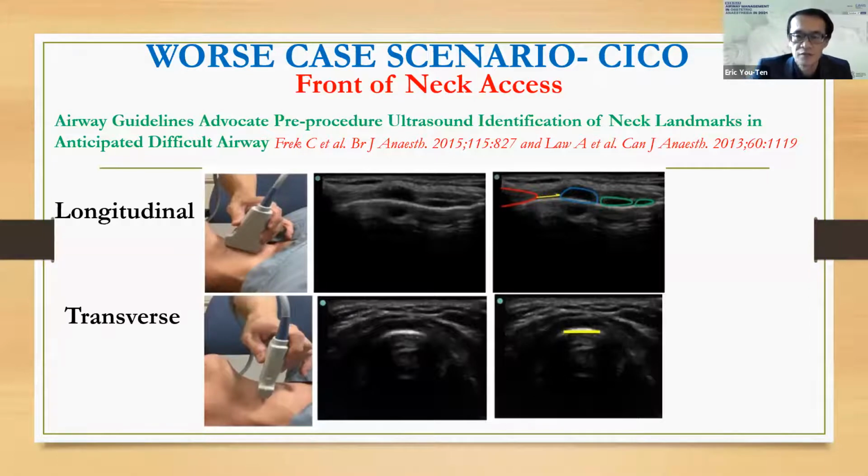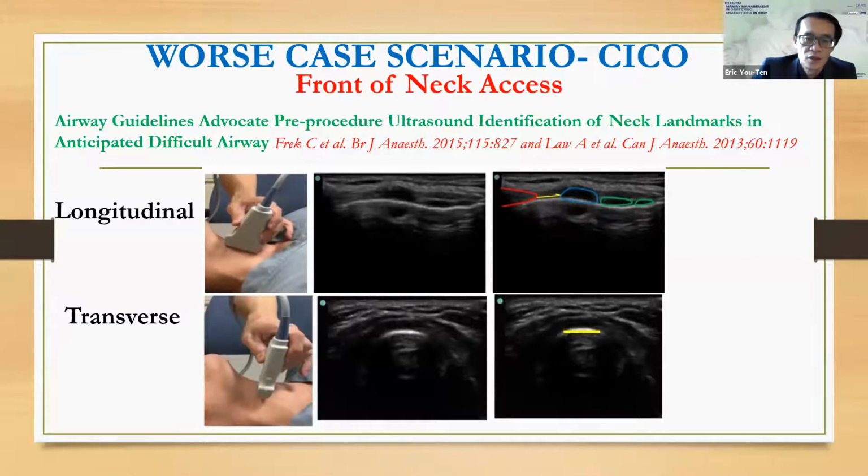the success rate? So there were 2 airway guidelines that suggested and advocated that in this case, identifying the cricothyroid membrane prior to airway manipulation or intubation, in anticipation of a difficult airway, can reduce the risk of potential complications. Because one of the reasons for failed cricothyroidotomy and poor outcome from a surgical airway is the inability to identify the cricothyroid membrane.